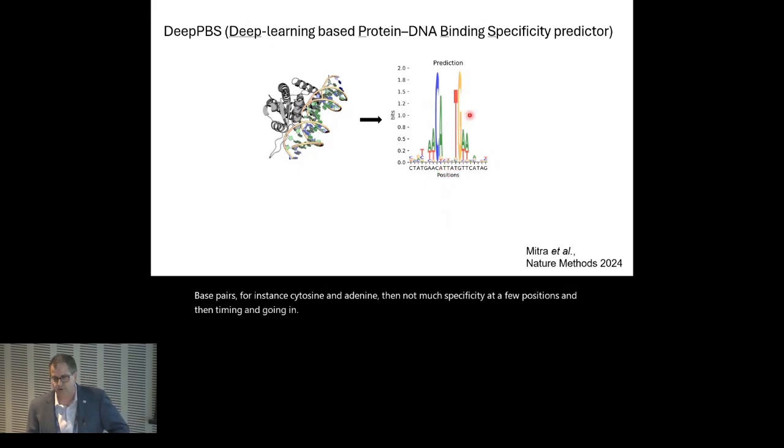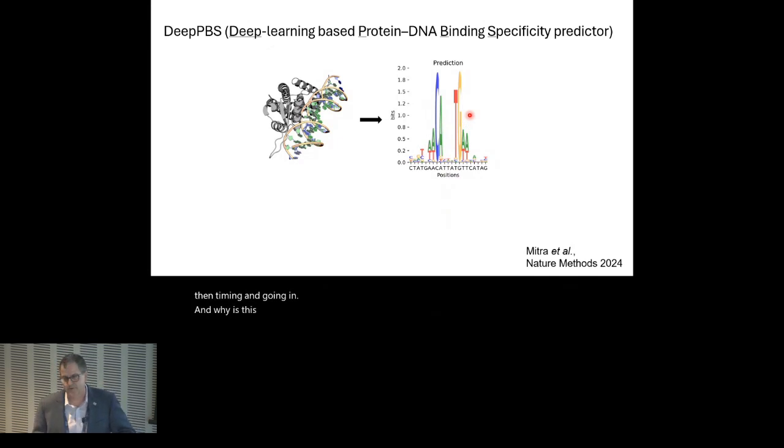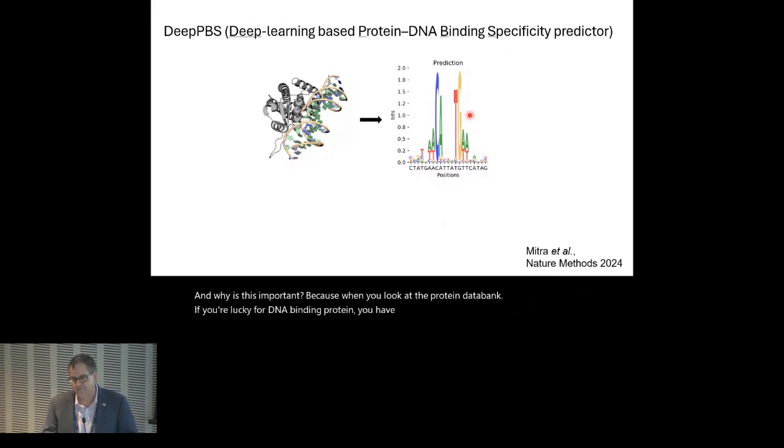And why is this important? Because when you look at the Protein Data Bank, if you're lucky, for a DNA-binding protein, you have a complex, but you have always only one DNA sequence. In a handful of cases, you might have a complex where a protein binds to multiple different sequences, but that's usually not the case.